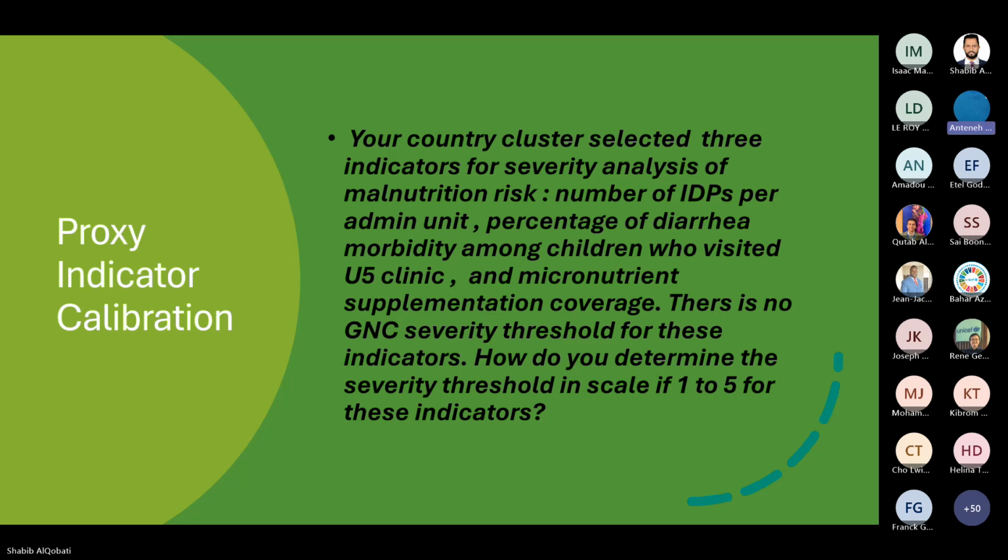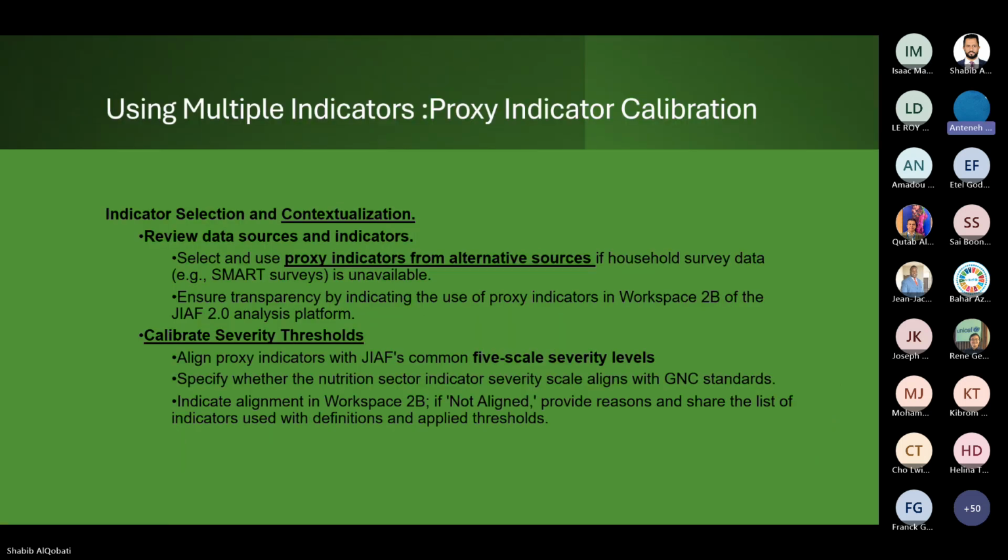Next slide, Shabi. So if we are in a situation where we have no option but to select proxy indicators, there is a process of contextualizing the indicator and calibrating its severity.